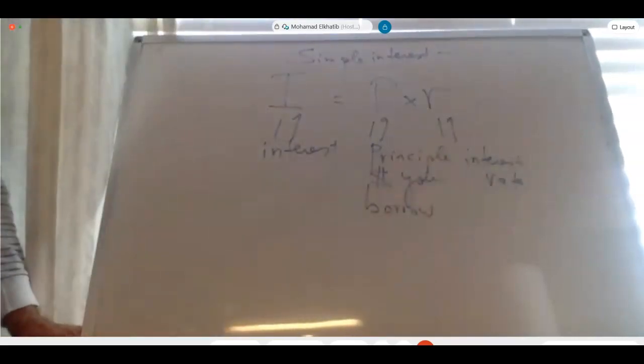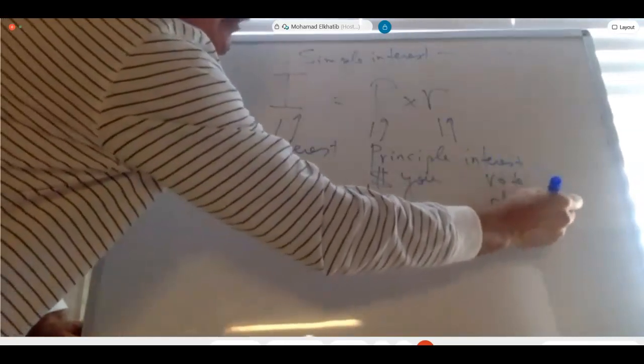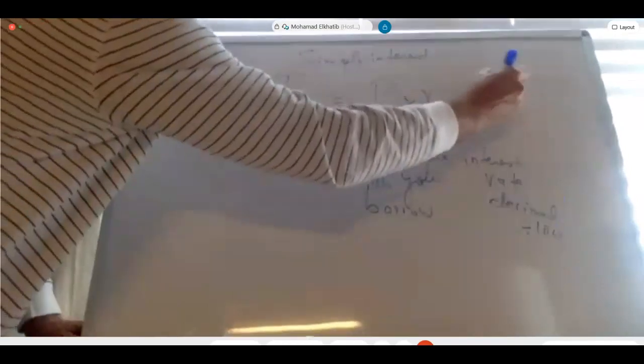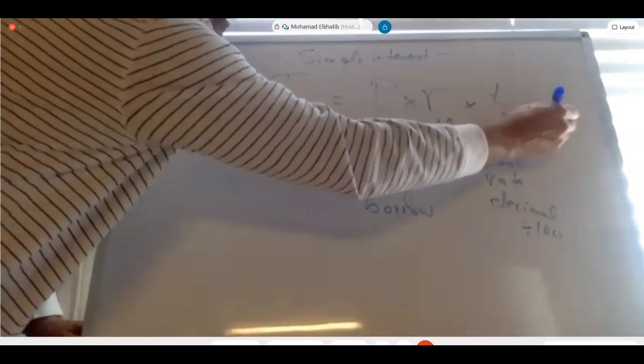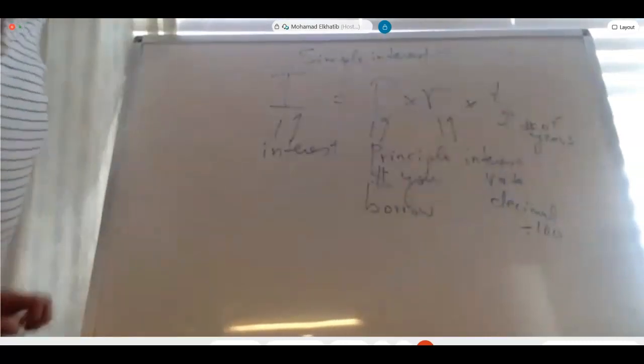If you have good credit, R is low. If you have bad credit, R is high. It has to be in decimal. In order to do that, you got to divide the number they give you by 100, times T, the number of years. So if it's given to you in months, you have to change it to years.